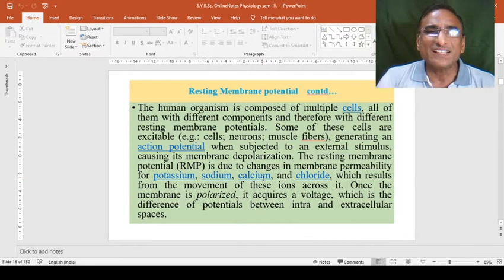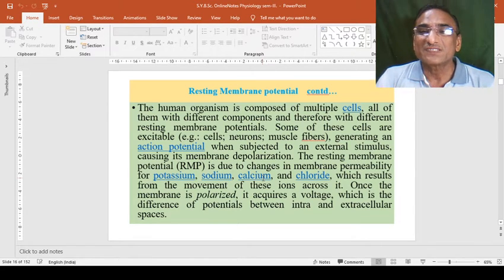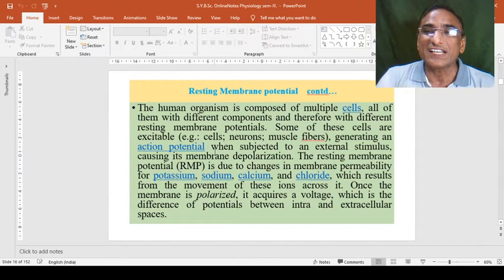Some of these cells are excitable, meaning they show exciting movements as a response to the sensation they receive, for example neurons or muscle fibers. These are very sensitive and show very exciting activity on stimulation.